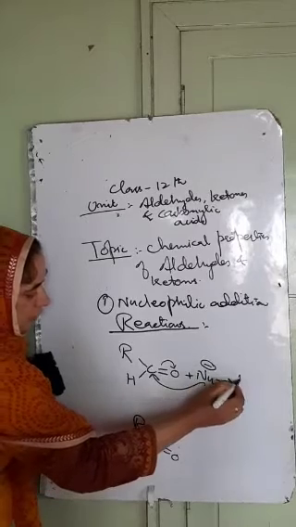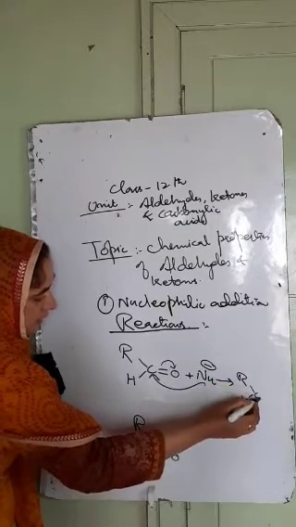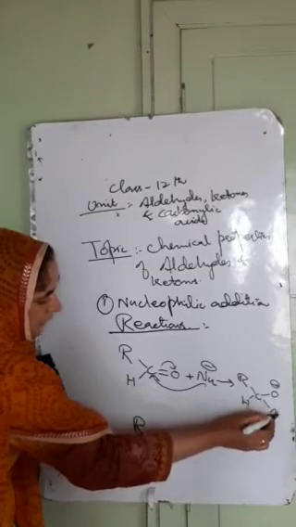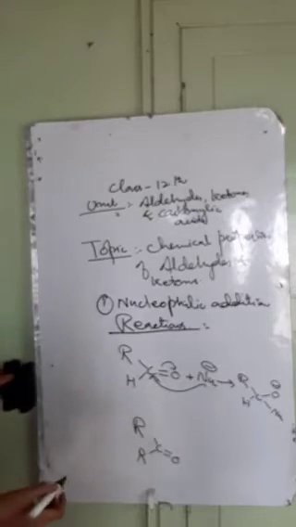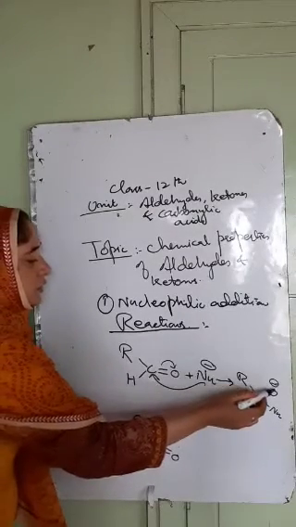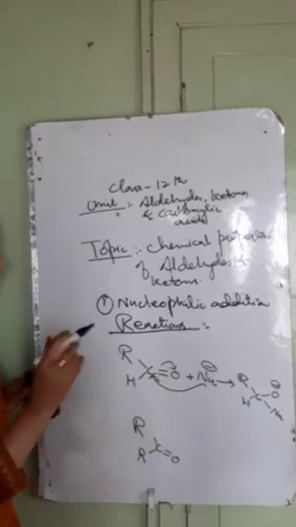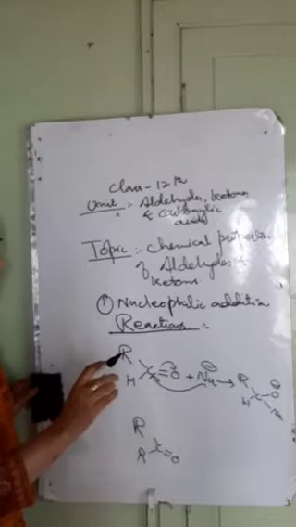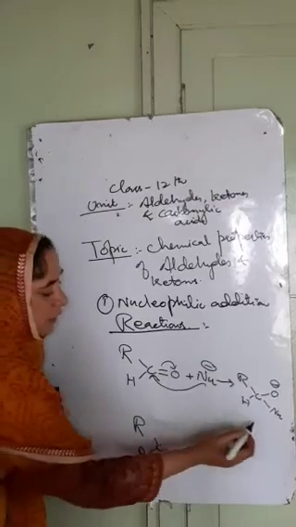So we have the situation like this: R, H and C, with O negative and the nucleophile, where the carbon forms a bond with the nucleophile. So there is negative charge on the oxygen, which abstracts the hydrogen either from the reagent or from the solvent, and results in the formation of the addition product.